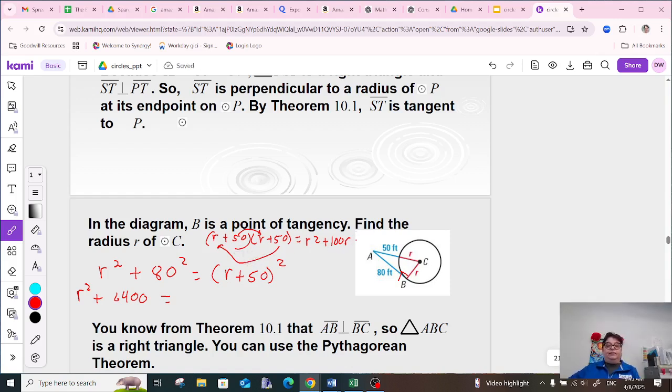And then plus 50 times 50 is 2,500, like that, right? 25 and 2 zeros, yes.